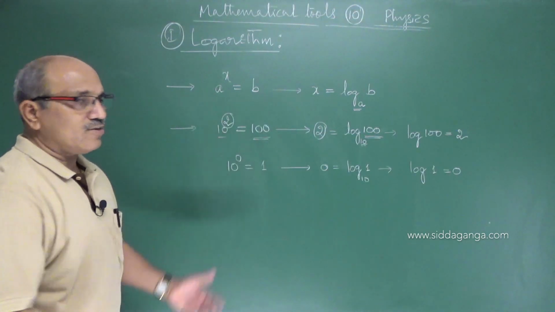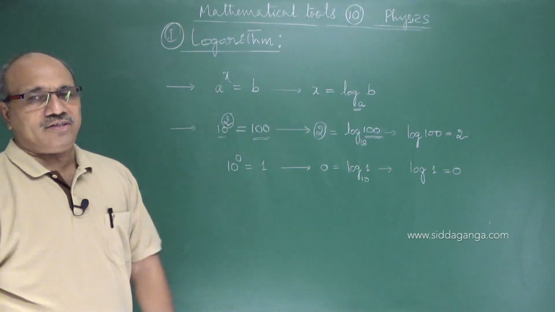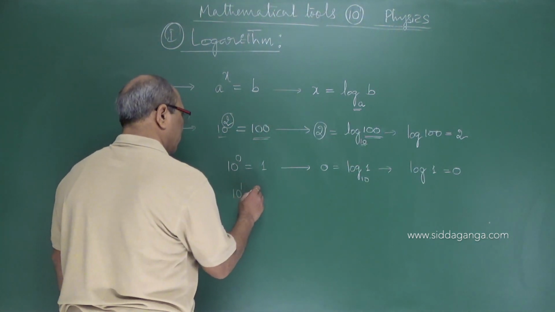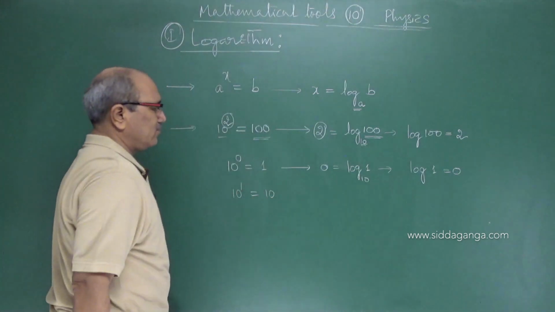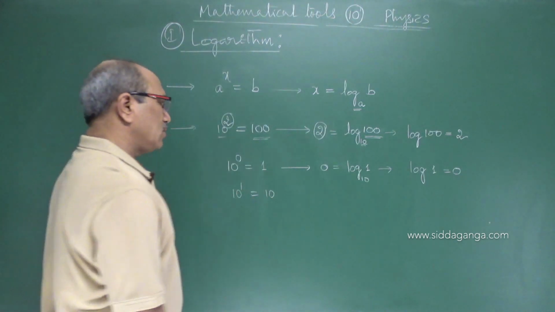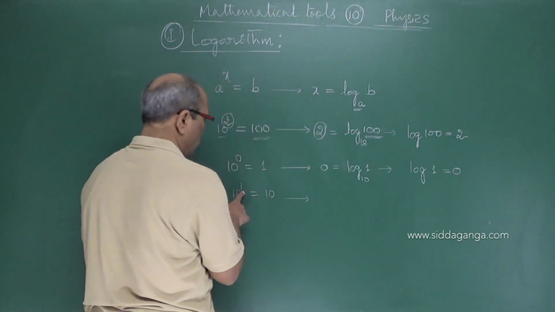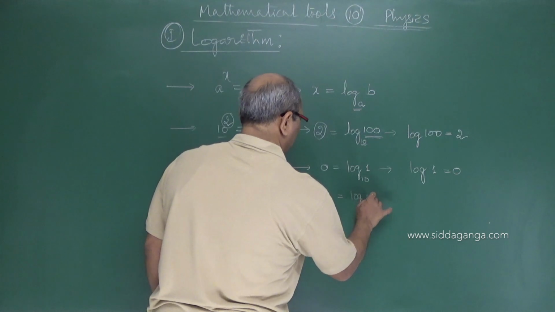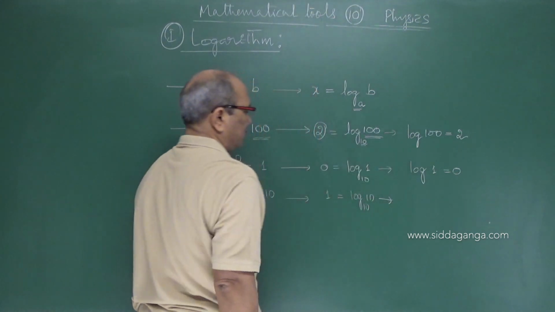So I take another example to get into the concept. Let us take 10 power 1 as 10. What does this lead to? 1. Log to the base 10 of 10 is 1.